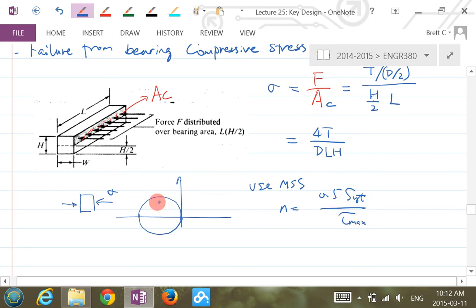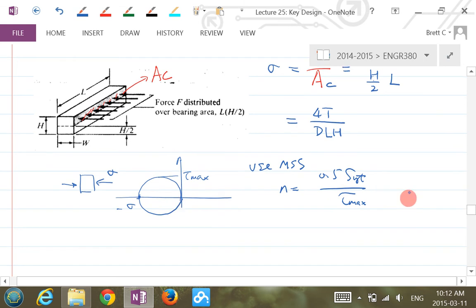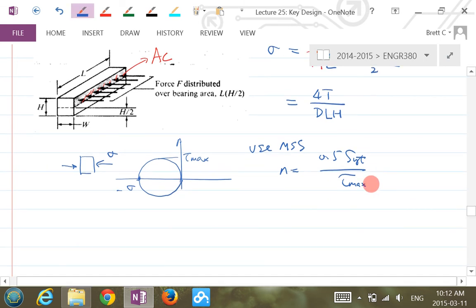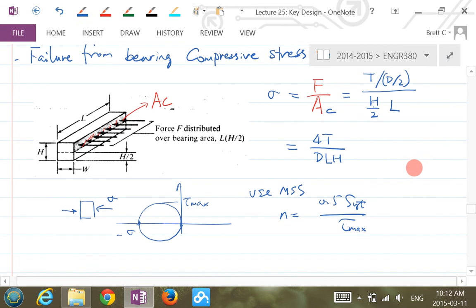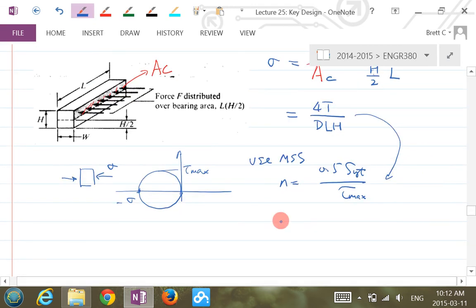What is tau max? It's over here, and tau max is half of the diameter of this circle, where this is our sigma. So you plug it in, and just like the previous case, you can compare. Basically, we can see now sigma allowable is 0.5 Syt over n.